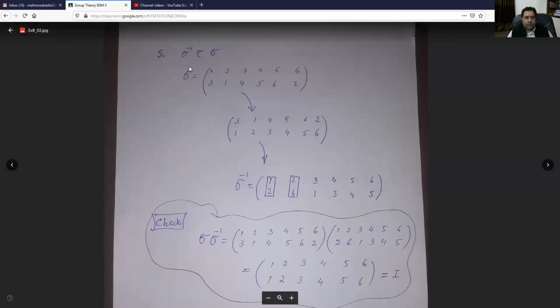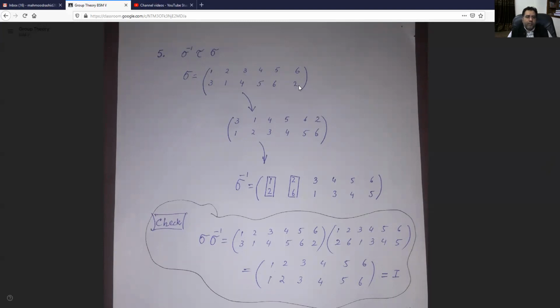To compute sigma inverse, we actually need another permutation that composed with sigma gives you the identity permutation. If you look at the 6 factorial, meaning 720 possibilities, a hit and trial method would be to multiply this sigma one by one with all those entries in the set S6.